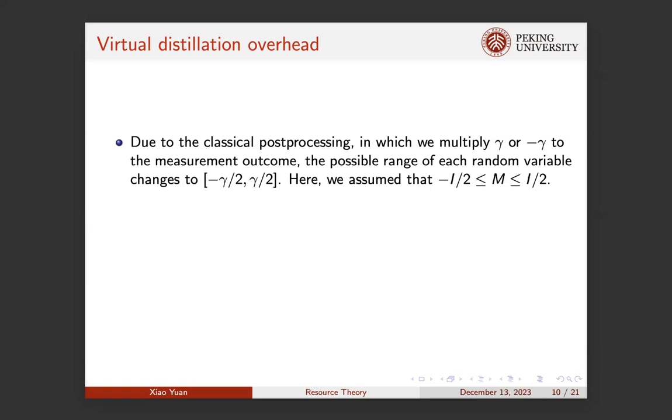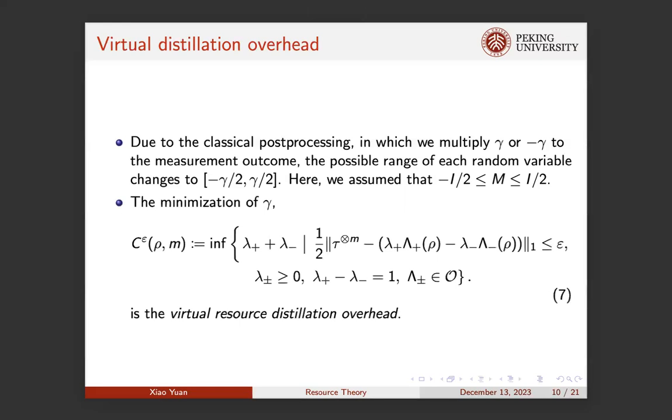Since we multiply gamma or minus gamma to the outcome, the range of the random measurement will be larger. Suppose gamma is 1000, then it's a much larger range, which means that we need to make more measurements. Here the random variables are bounded between like minus 1/2 to 1/2. Since gamma is larger, we need more measurements.